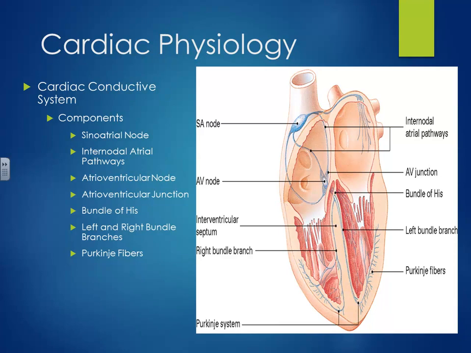Anything below 60 is what? Bradycardia. Anything above 100 is tachycardia. With that thought in mind, remember, there's no one person that's textbook. My resting heart rate, because I'm very athletic, may be 55, right?